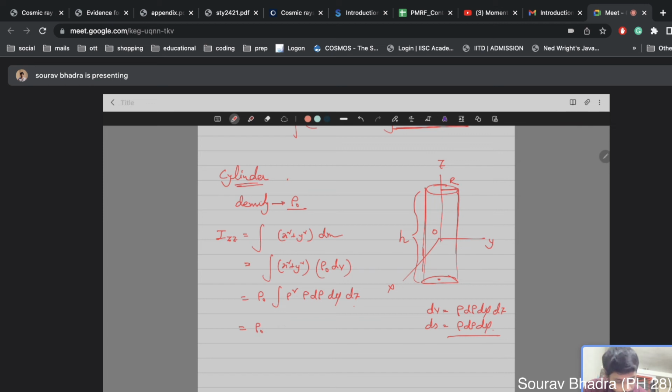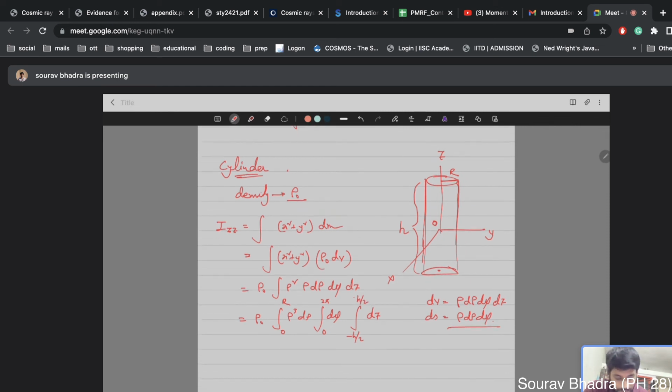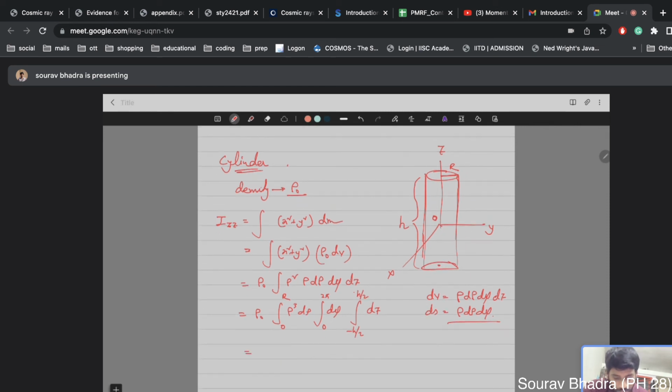So this will be rho cubed d rho, 0 to r, phi is always 0 to 2 pi, and z is minus h by 2 to h by 2, because the center O is the midpoint of the cylinder. So if you calculate, you will get rho 0 r to the power 4 by 4 times 2 pi times h.